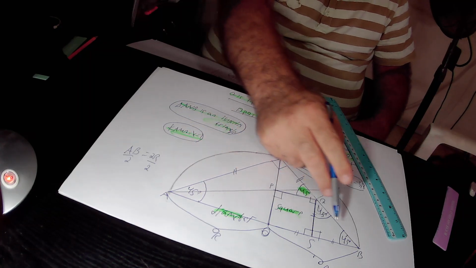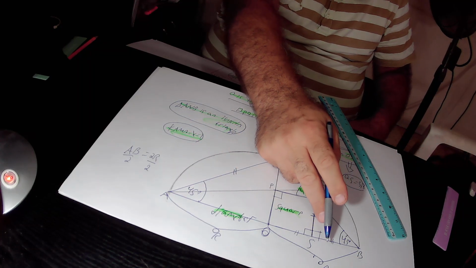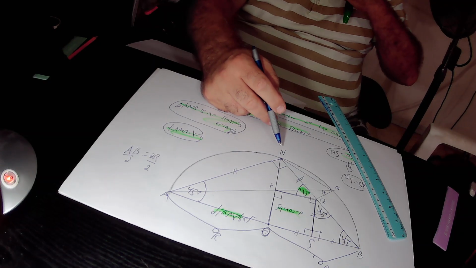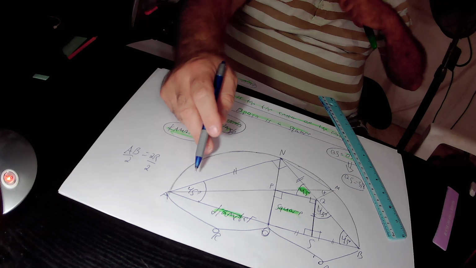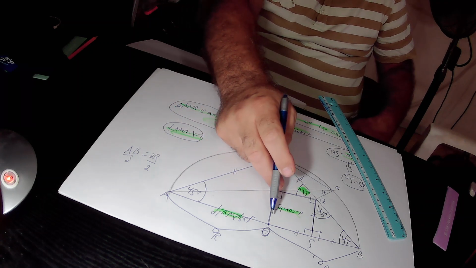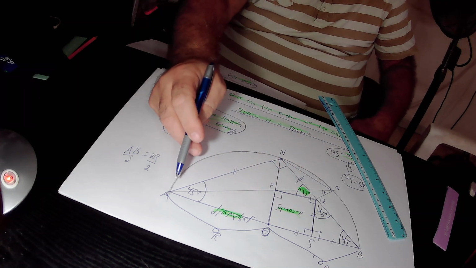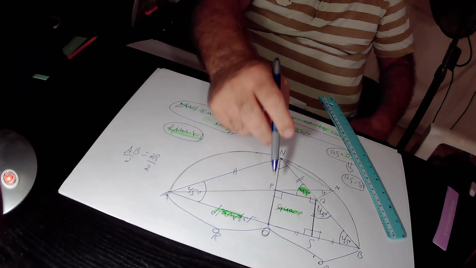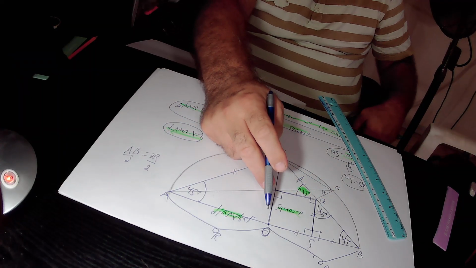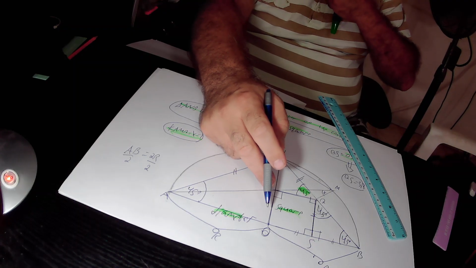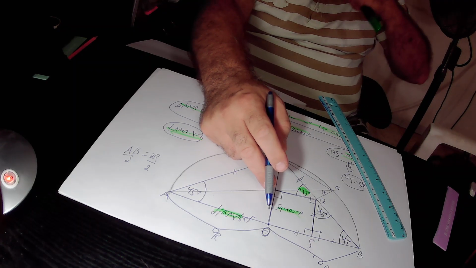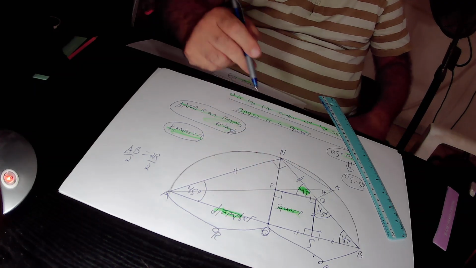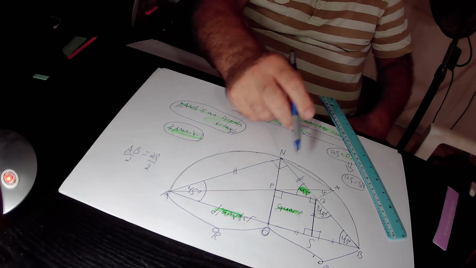The second half OB is also the radius of the semicircle, that is R. And the perpendicular from point N will touch the diameter AB at point O, that is the midpoint of the diameter AB, because the midpoint of any diameter is at the center of the semicircle or a circle, and O is the center of this semicircle.